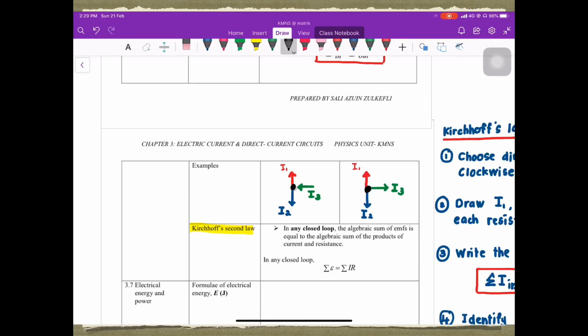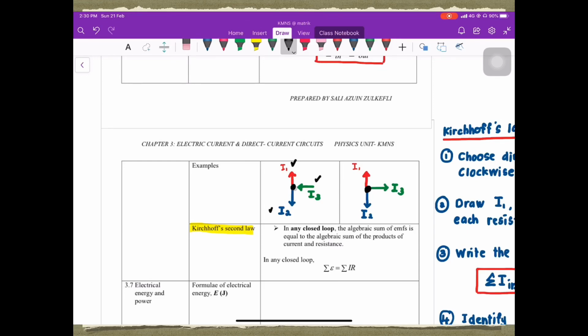I2 is represented by the blue color, out from the junction, but the green color is I3, and its direction is into the junction. So for this diagram, I1 and I2 are the currents out from the junction, and I3 is into the junction.